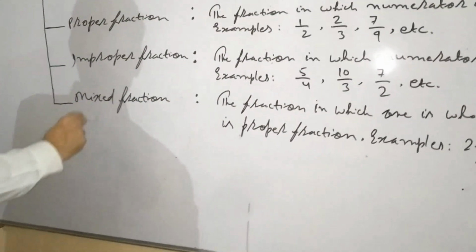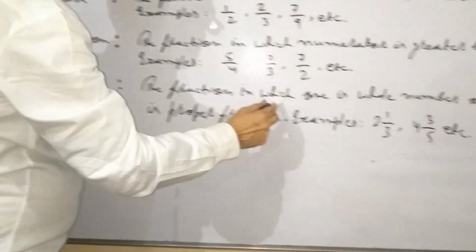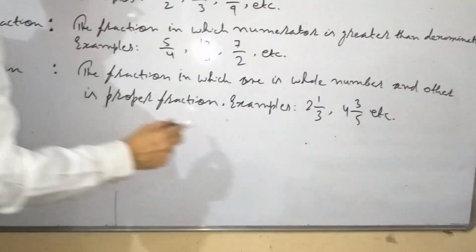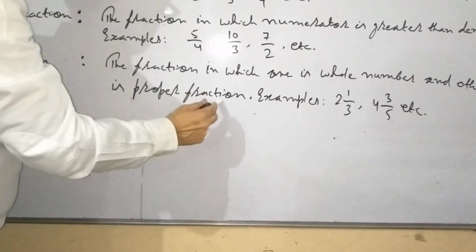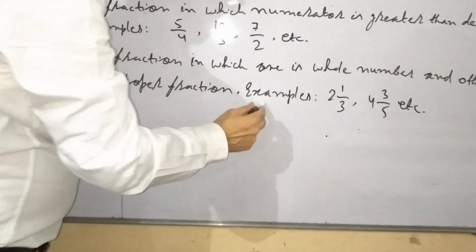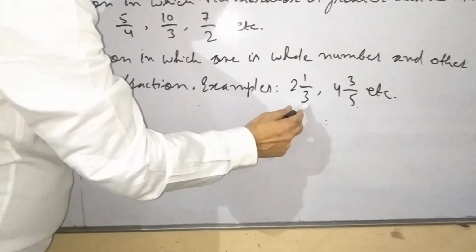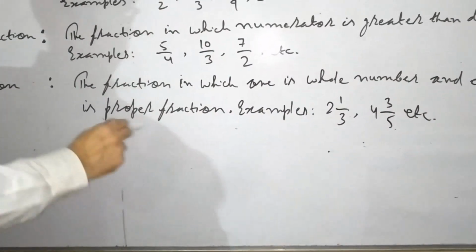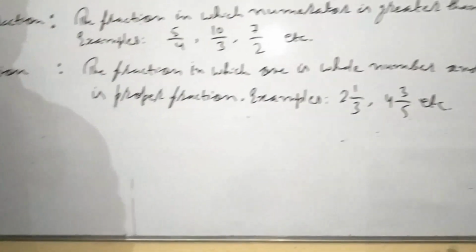And now let us know mixed fractions. Okay, the fraction in which one part is a whole number and the other is a proper fraction. Examples: 2 and 1 by 3, 4 and 3 by 5. These two are examples of mixed fractions.